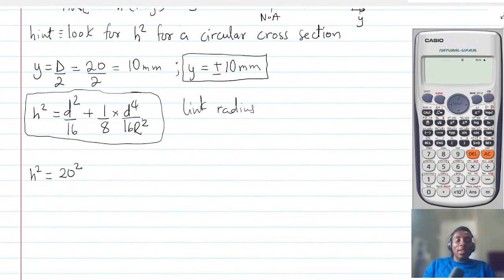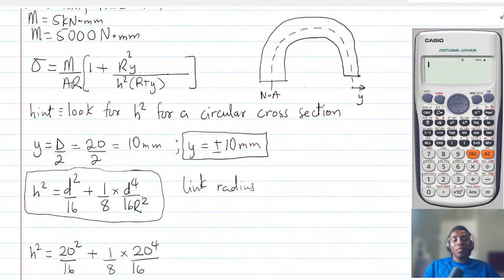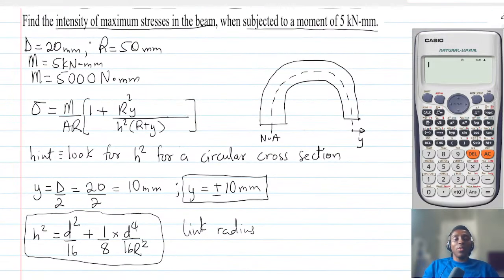The r here is the radius of curvature. The question said it was curved to a radius of 50 millimeters.